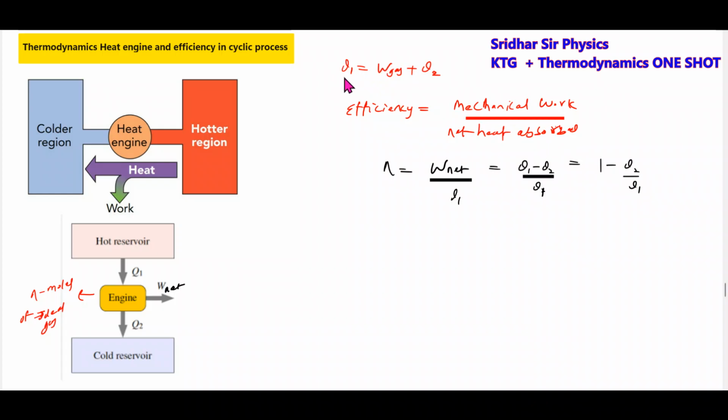This Q1 is what we call net heat absorbed. This is the net work done by the gas. Net heat rejected. So efficiency will become 1 minus mod of heat rejected by heat absorbed.